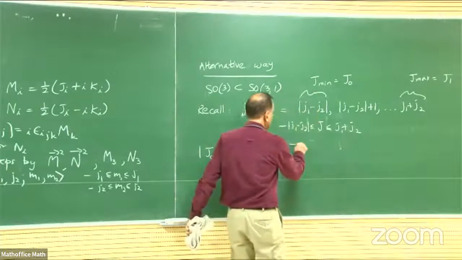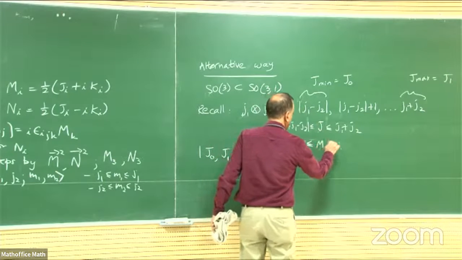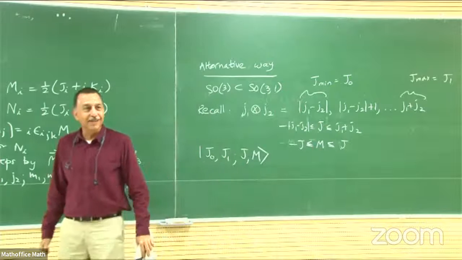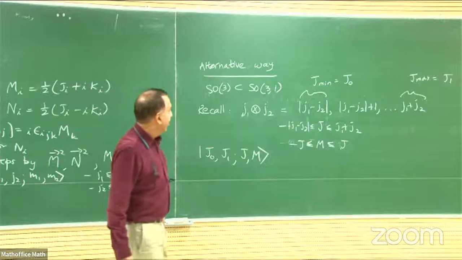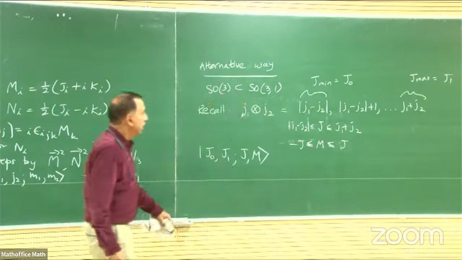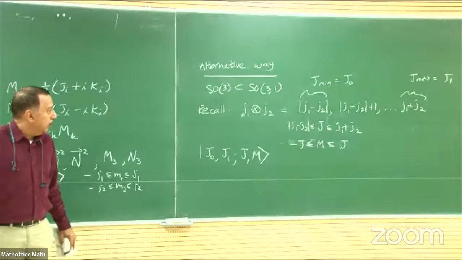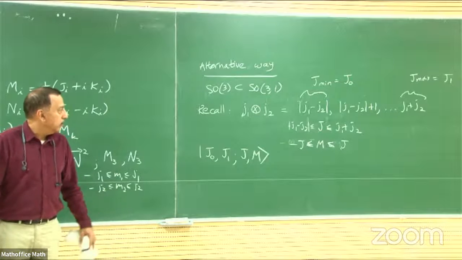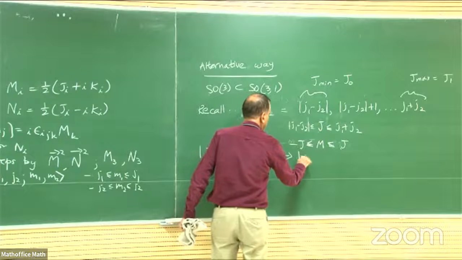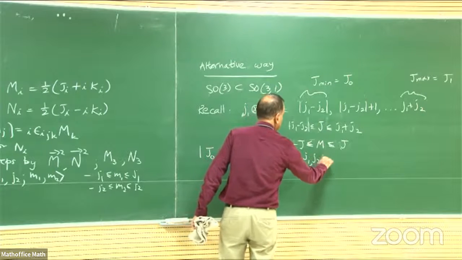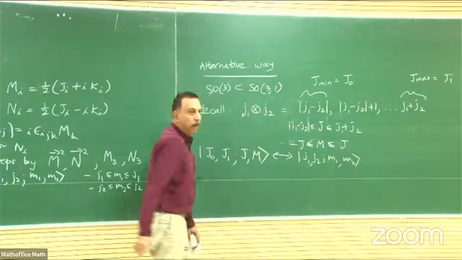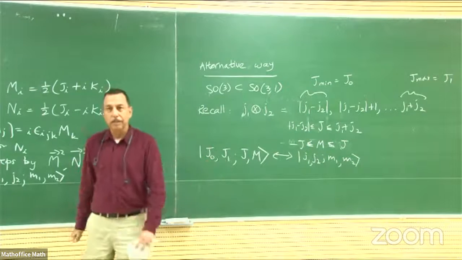Why is nobody stopping me writing nonsensical things? I'm very disappointed in the audience. How did you let this go? Ah, yes. Please, please. I hate not being interrupted because then I just make more and more mistakes. So the claim is that this is just another relabeling of the old J1, J2, M1, M2. The same set of states spanned by those is the set spanned by these.